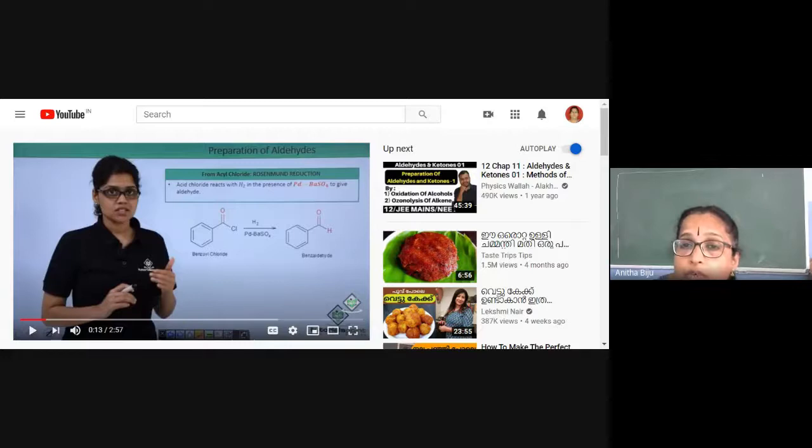First of all, what is Rosenmund reduction? It is mentioned in the rectangular box. When an acid chloride is treated with hydrogen in presence of palladium supported by barium sulfate, we get an aldehyde. Here one example is given, benzoyl chloride, benzene ring and COCl.